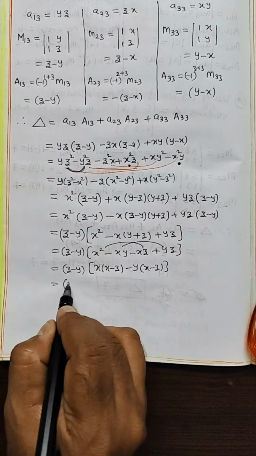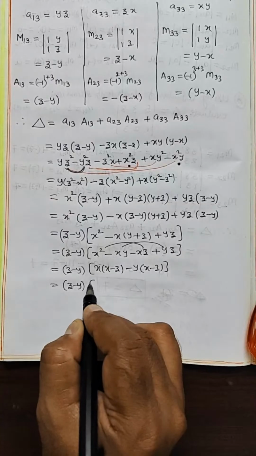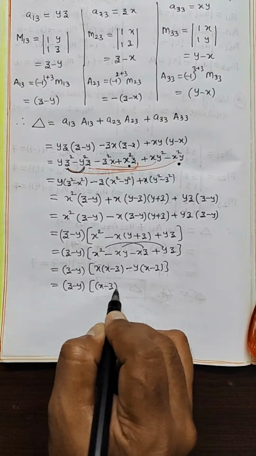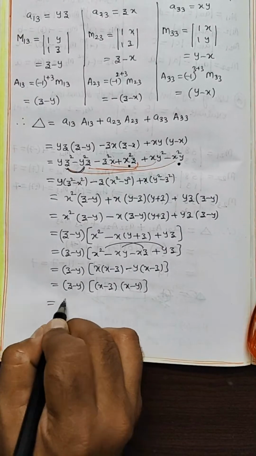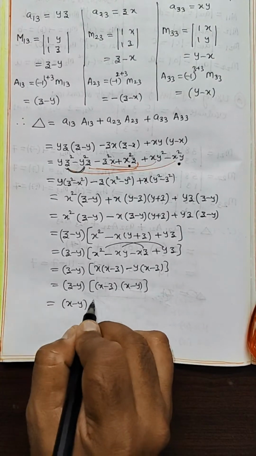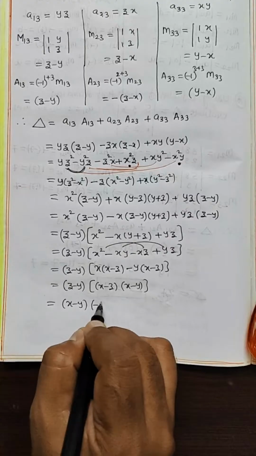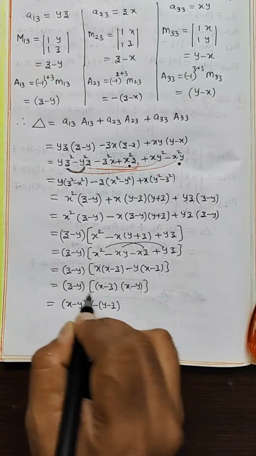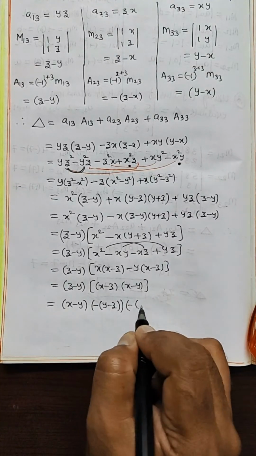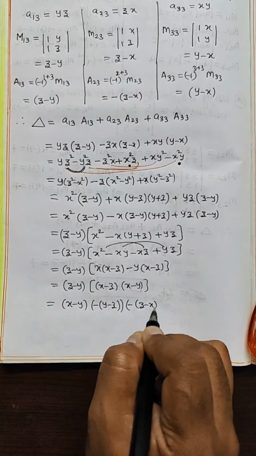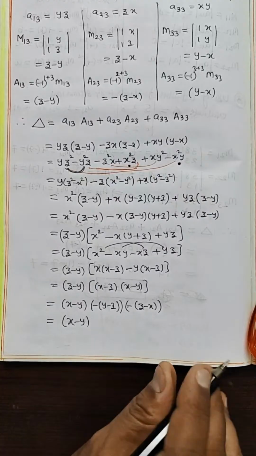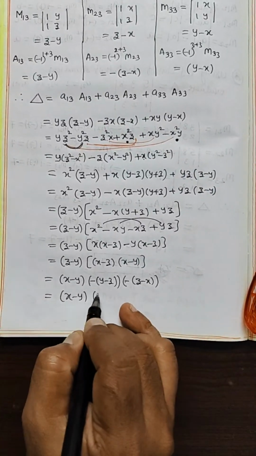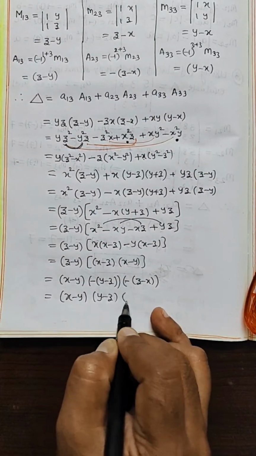So which is equal to z minus y into x minus z take common into x minus y. If we write in the order x minus y into y minus z, here I'm taking common minus y minus z, even here also take common minus z minus x. Minus into minus is plus. Therefore, x minus y into y minus z into z minus x.